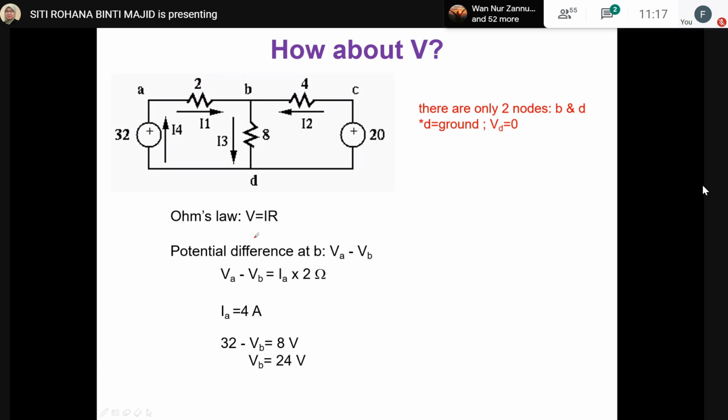Okay, so I give you an example here for a two-loop circuit, with VA and VB. Point A is here, and point B is at the junction.